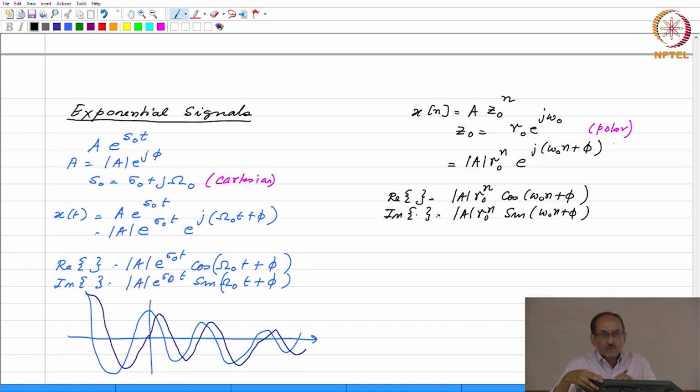And the reason why you are using polar form is de Moivre's theorem, and raising a complex number to the nth power where n is an integer, that theorem makes this very simple. That is the reason why you are using polar form here and Cartesian form for the continuous time case.